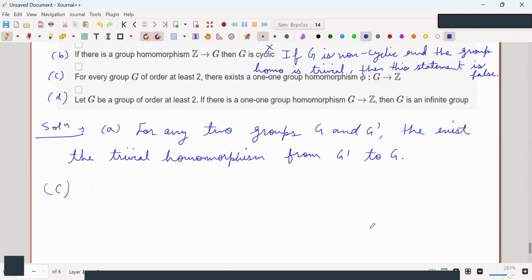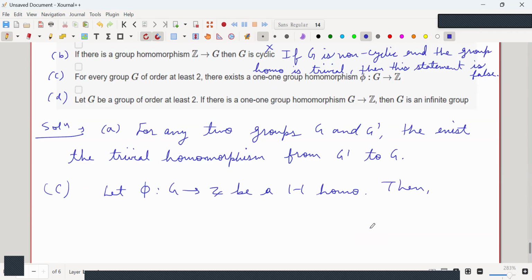Let me just write. Let phi from G to Z be a 1-1 homomorphism, then what is the problem?